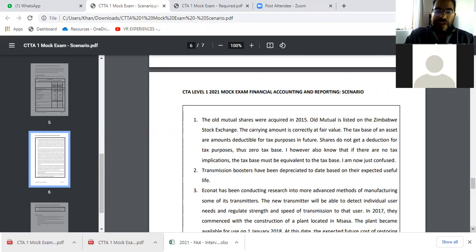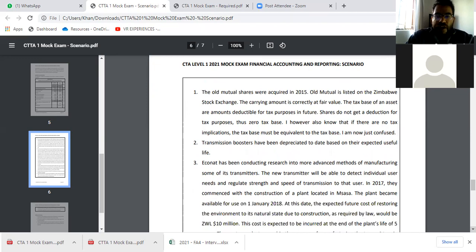Accounting is fair valuing the investment in shares. From an income tax perspective, I know you're in South Africa, you will also fair value the shares. Because both are at fair value, there won't be any tax consequences, so your tax base should equal the carrying amount. Just take note of that. If you have any questions, just let me know.